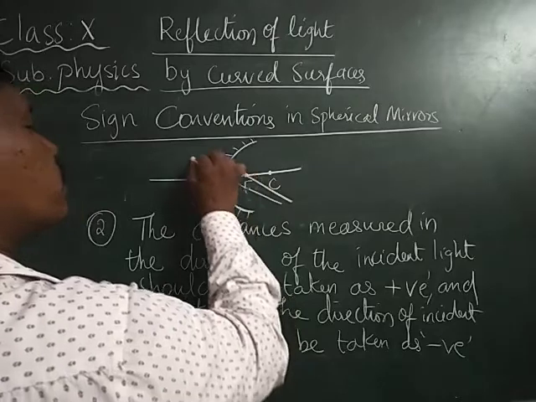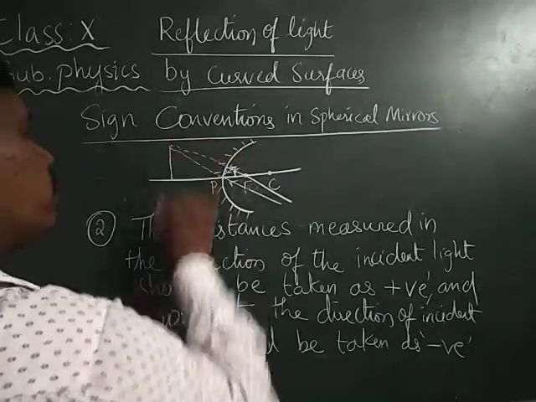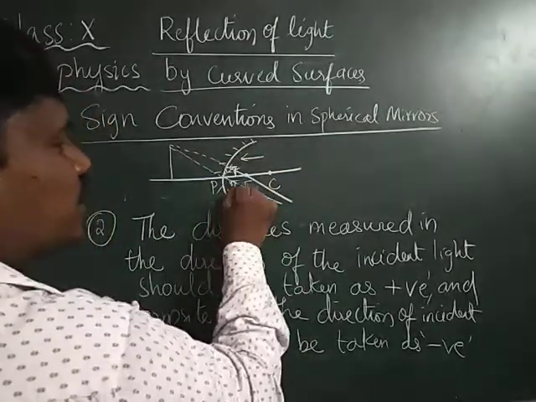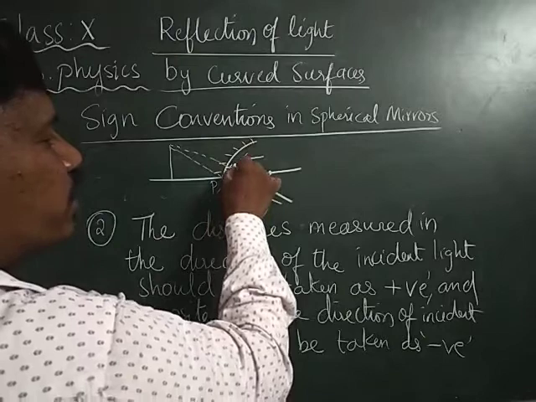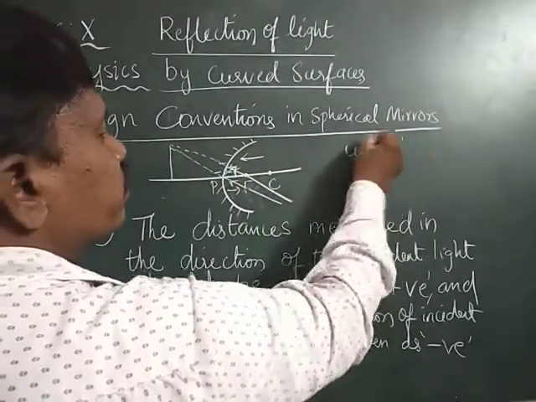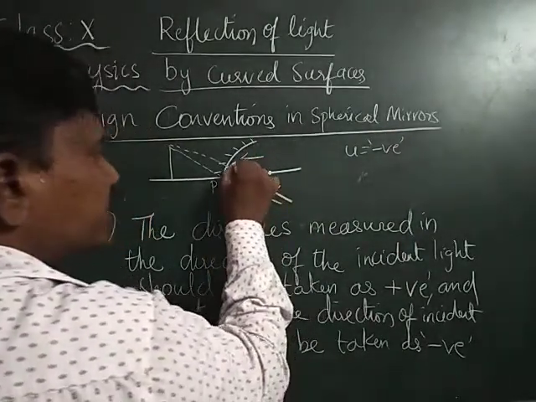The image is found over here and forms a virtual image. This is the incident light, and the object is over here. Therefore, U is negative, because it is in the direction opposite to the incident light.